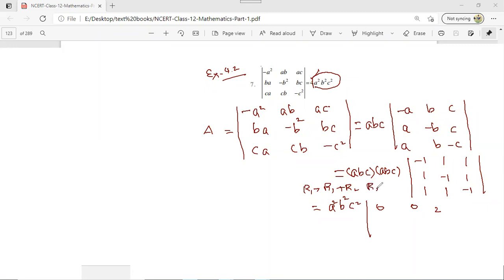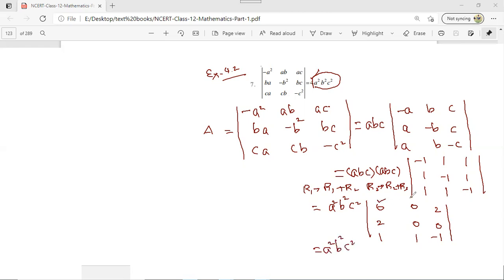R2 plus R3 also. So 1 plus 1 2, minus 1 plus 1 0, 1 minus 1 0, and third row 1 1 minus 1. Okay. So now we can expand it along the first row.